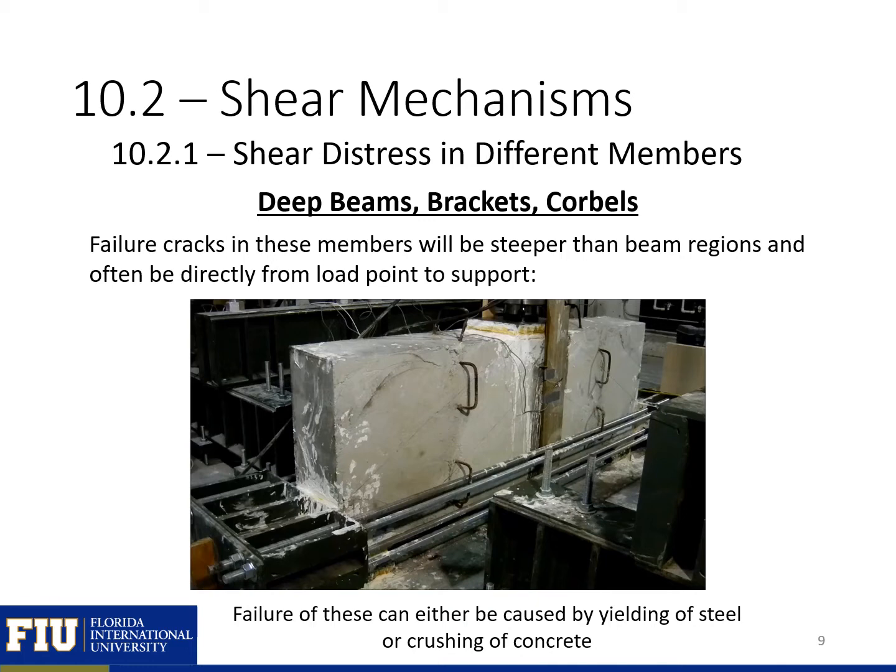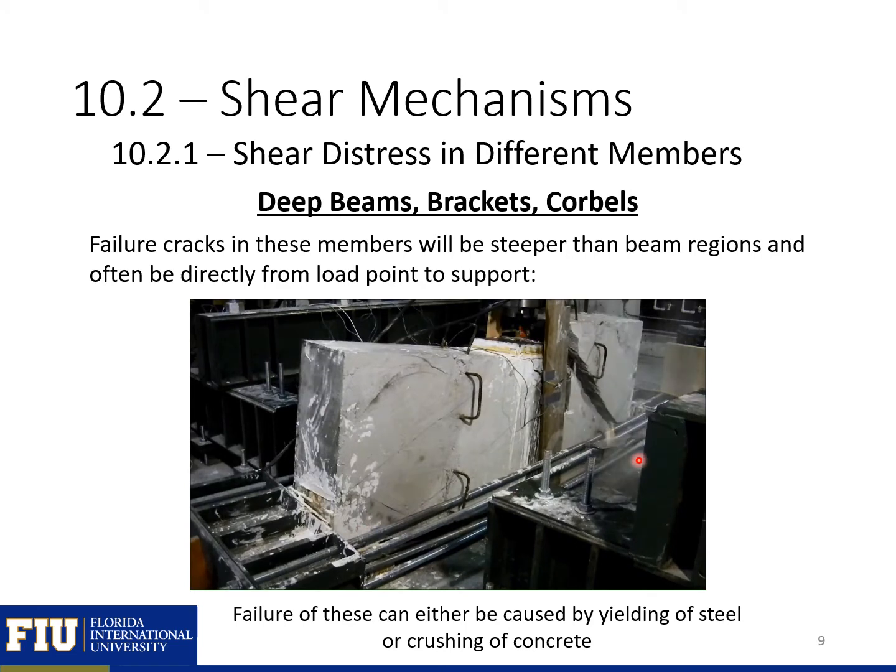So our reinforcement is these external bars here, and we're applying the load from the top. We have supports here at the bottom, and the reinforcement here is engaged with our beam in the back of our back node here. So we'll see our compression element here.